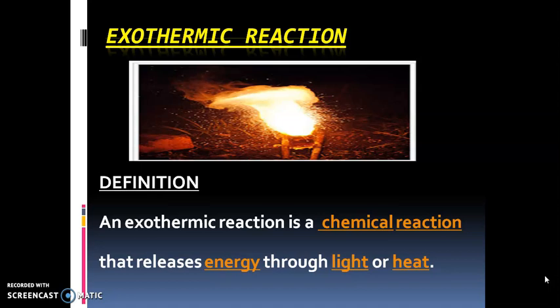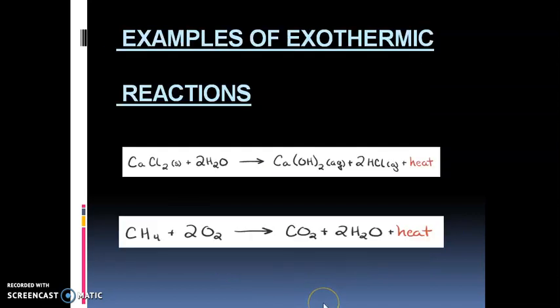So the formal definition of an exothermic reaction is: an exothermic reaction is a chemical reaction in which heat energy is released or escapes out from the system. Here are some examples of exothermic reactions. The hydrolysis of calcium chloride is an example of an exothermic reaction because here heat energy is released out.